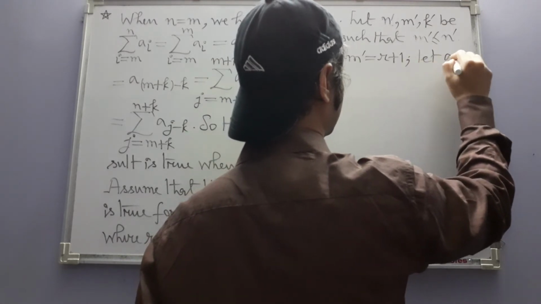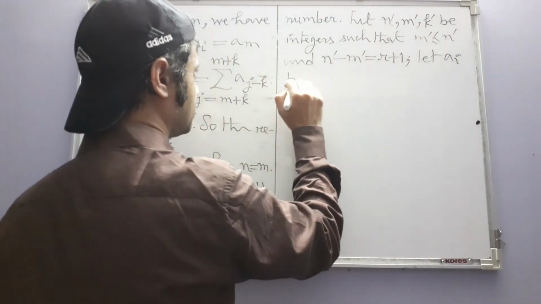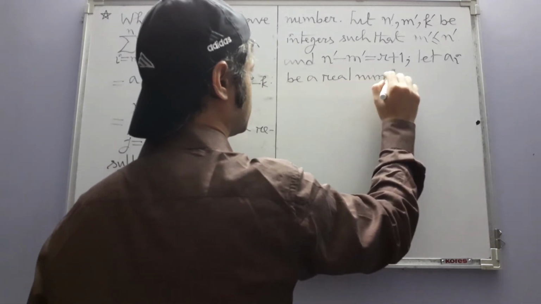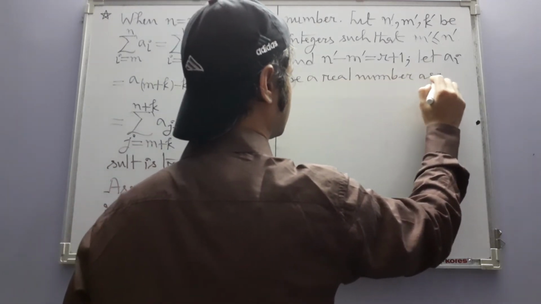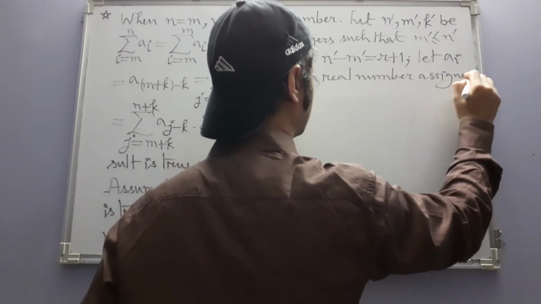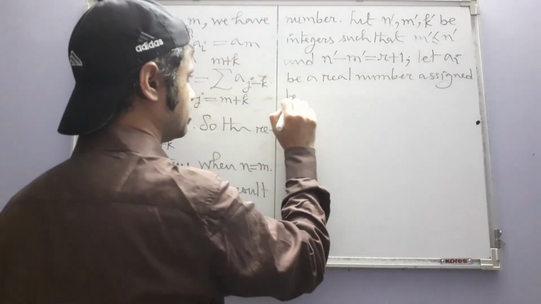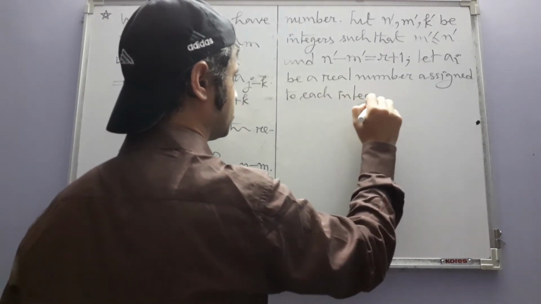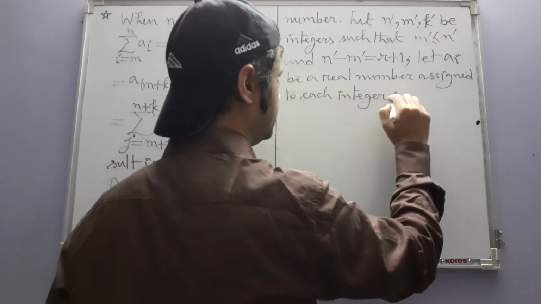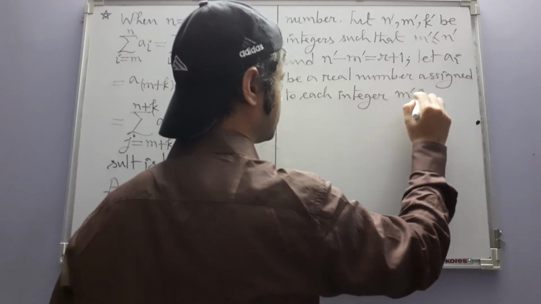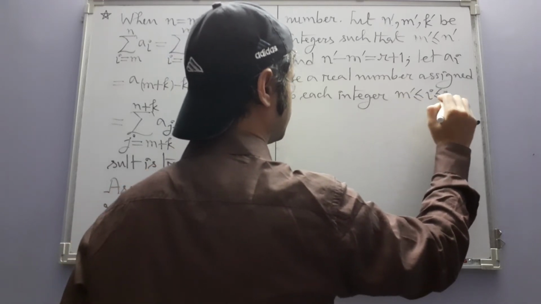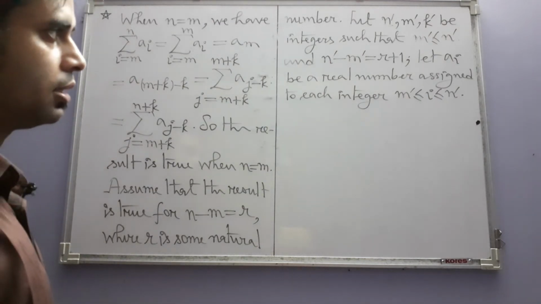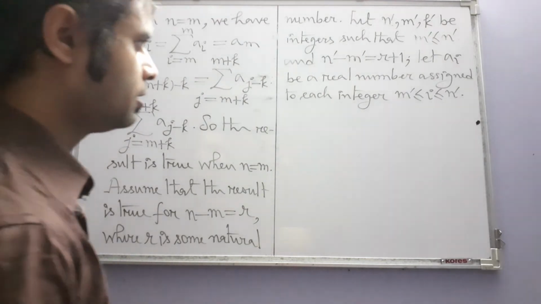Let a_i be a real number assigned to each integer i lying between m prime and n prime. Yeah, now we have all the ingredients. Now we are ready to cook the meal.